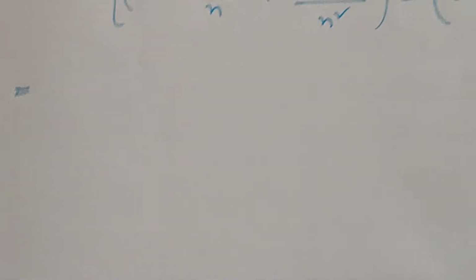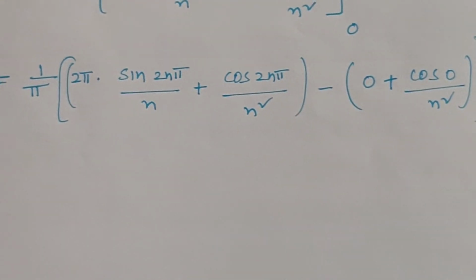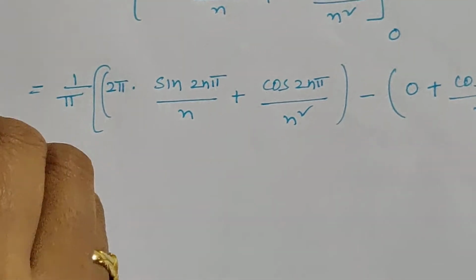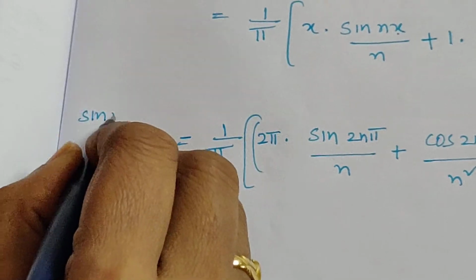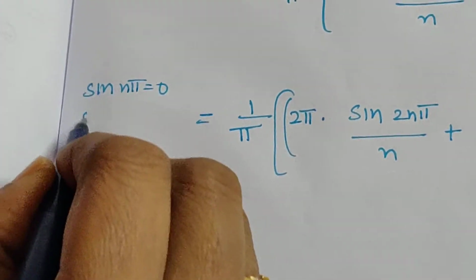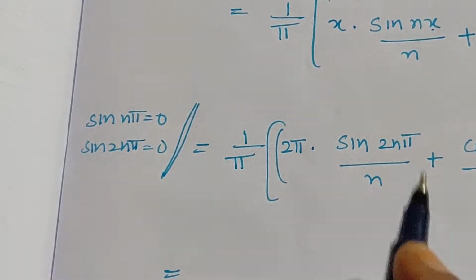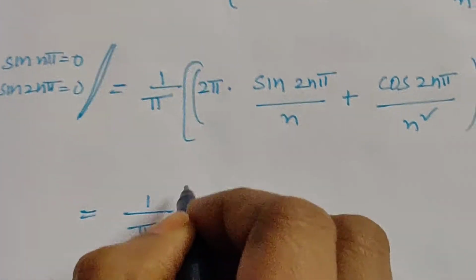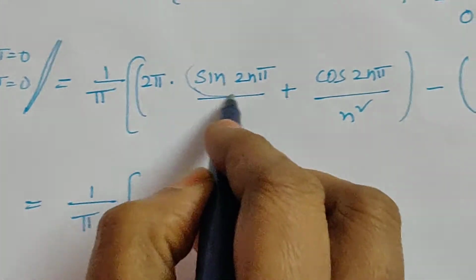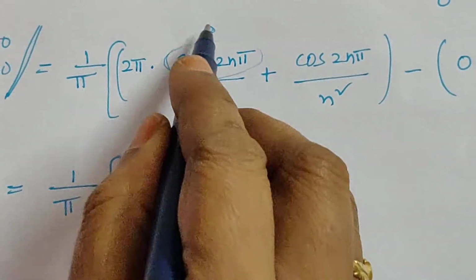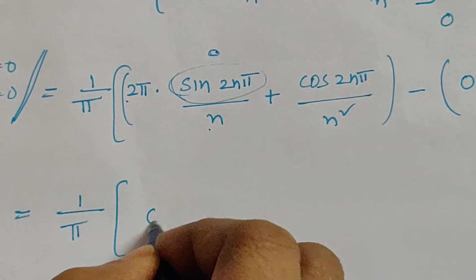Already we know the identities and formulas: sin nπ is 0, and sin 2nπ is also 0. According to these formulas, 1/π times sin 2nπ is 0, so 0 into this whole term is 0.